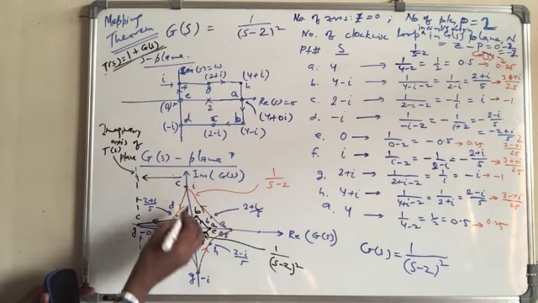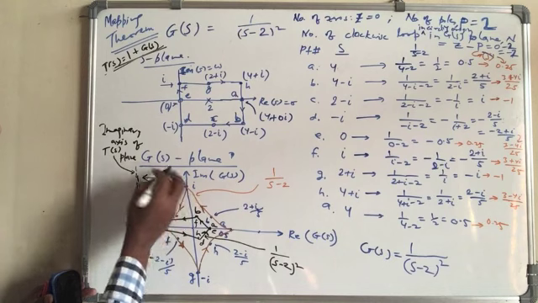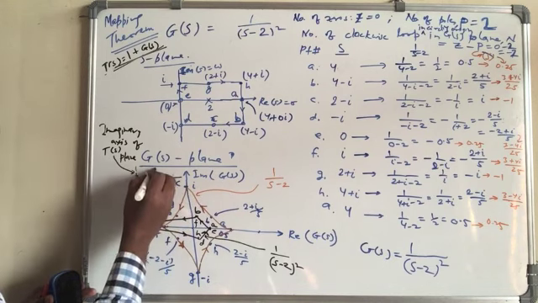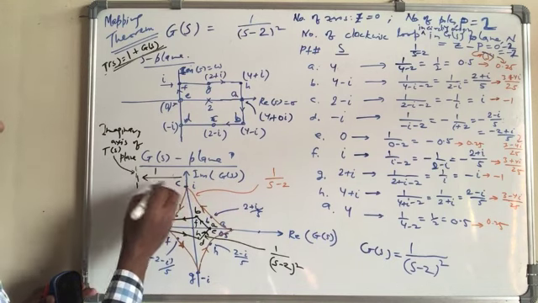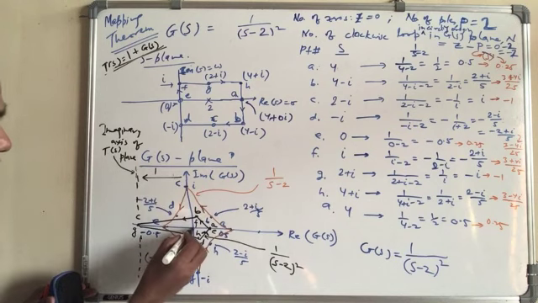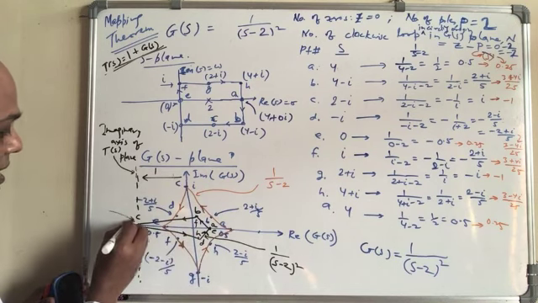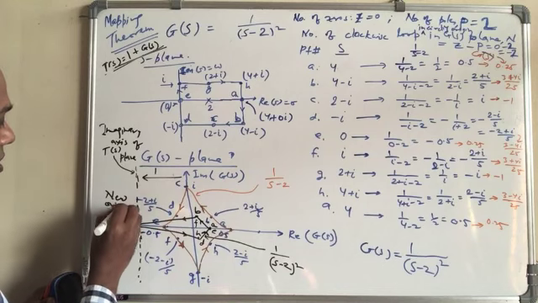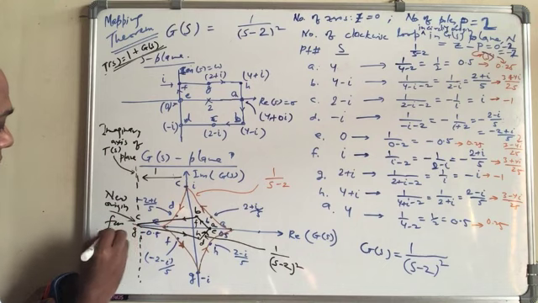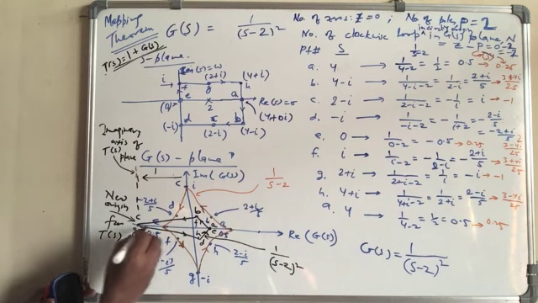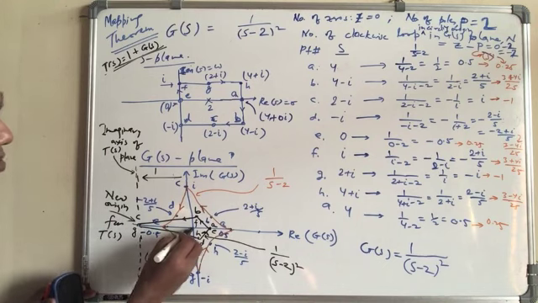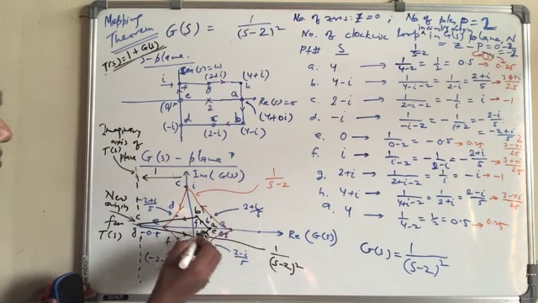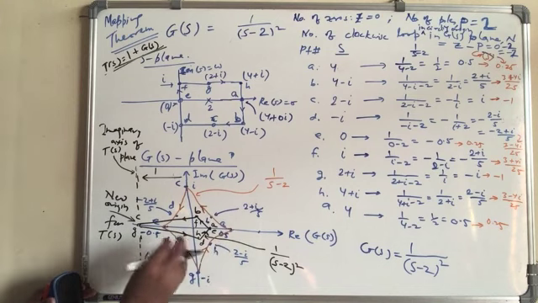Or simply you move the imaginary axis by 1 unit to the left, so that the original 0 becomes 1 now, and this is the new origin for T(s). So this becomes 1, this becomes 1.5, and so on.